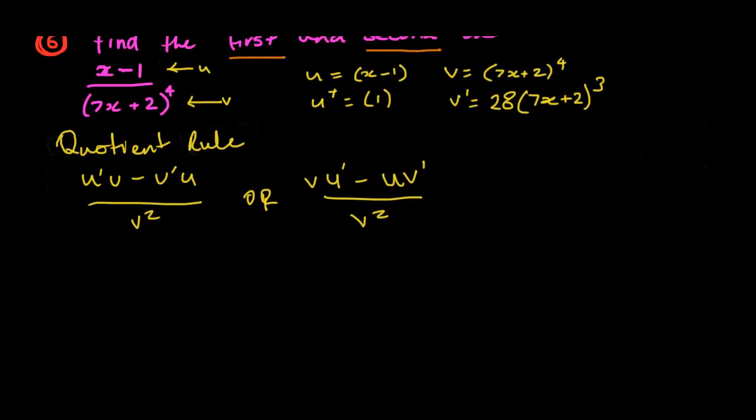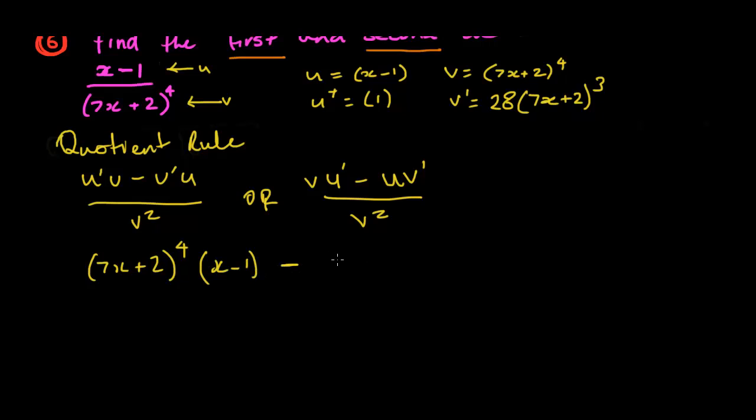Now we can continue using one of these formulas, it doesn't matter which one because they all do the same thing. For this one I'm just going to try this formula. So we have v, (7x plus 2) to the power of 4, times u, so that is x minus 1.